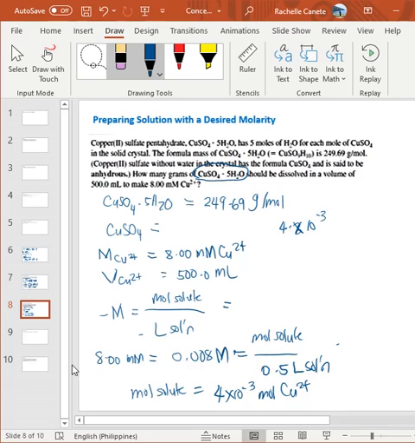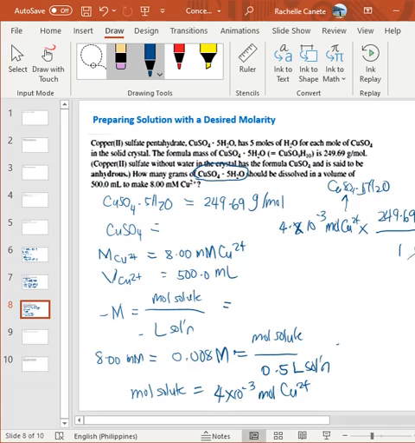times 10 to the minus 3 mole of copper 2 plus, from copper sulfate pentahydrate, times 249.69 grams per mole, per 1 mole of copper sulfate pentahydrate. Okay, that's the pentahydrate.